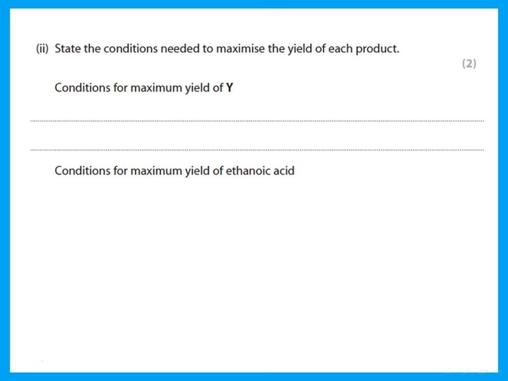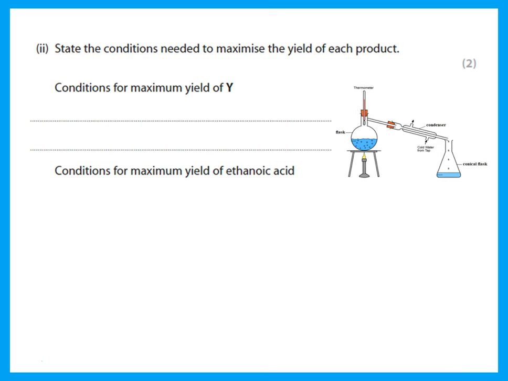So he's saying conditions of maximum yield of Y. Y was the aldehyde. So how do I get the aldehyde? If I remove it as it is being formed using simple distillation. So if I do the oxidation reaction in the flask and connect that to the condenser and do simple distillation, then the aldehyde as it is being formed will be removed, and that will give me the aldehyde.